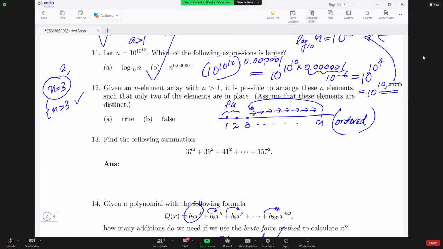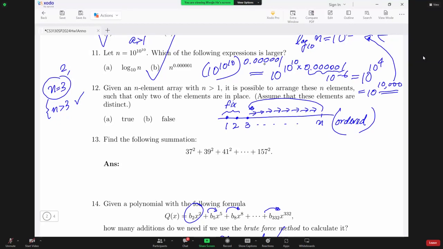So based on the logic, let me think about it. Partially correct. True, false. Because if we say true, it must be 100% true.